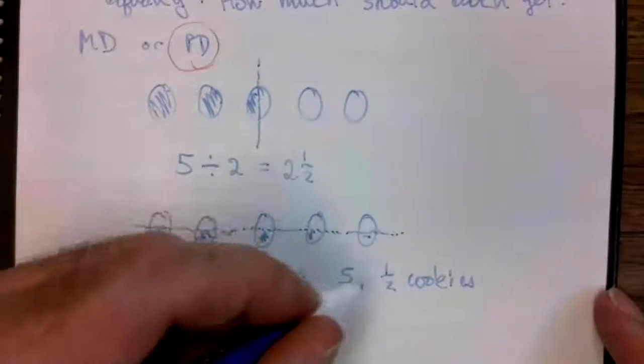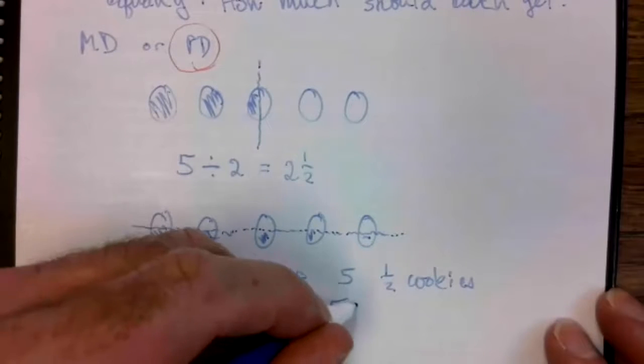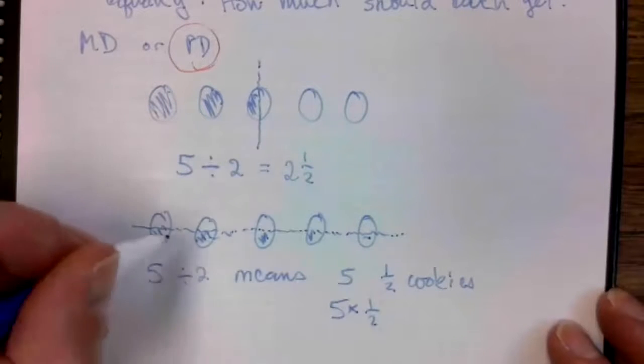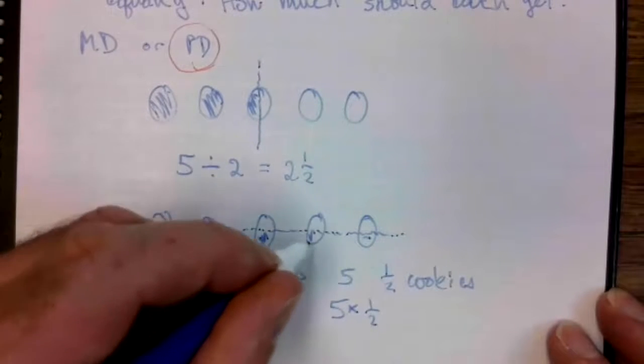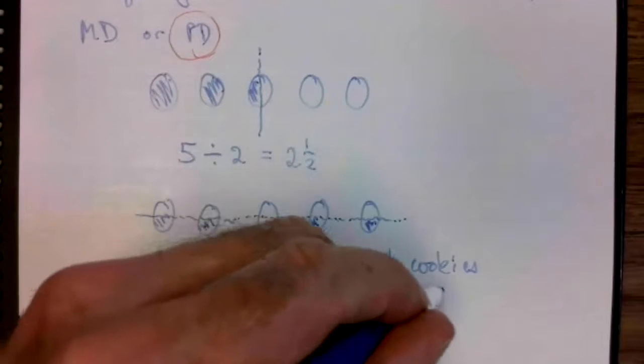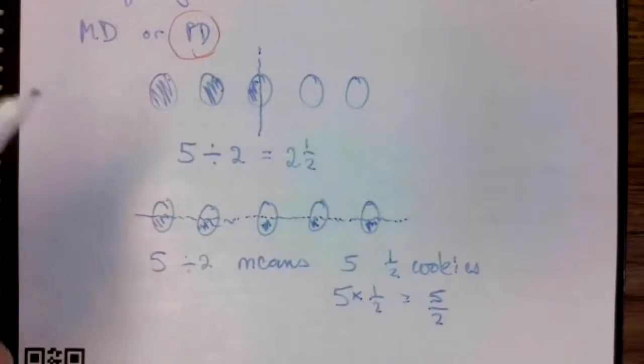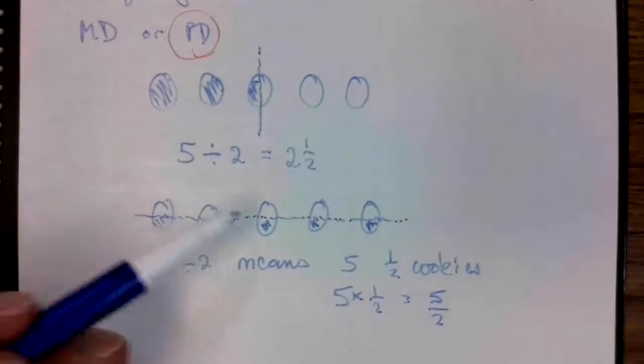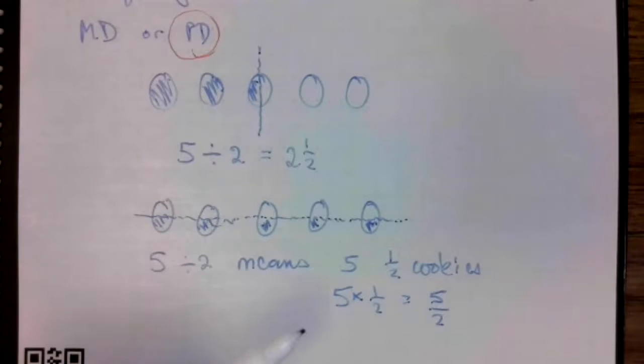Okay, and 5 half cookies, that means 5 times half a cookie, right? Because you have that, plus that, plus that, plus that, plus that. So 5 halves. Are these 2 different answers?